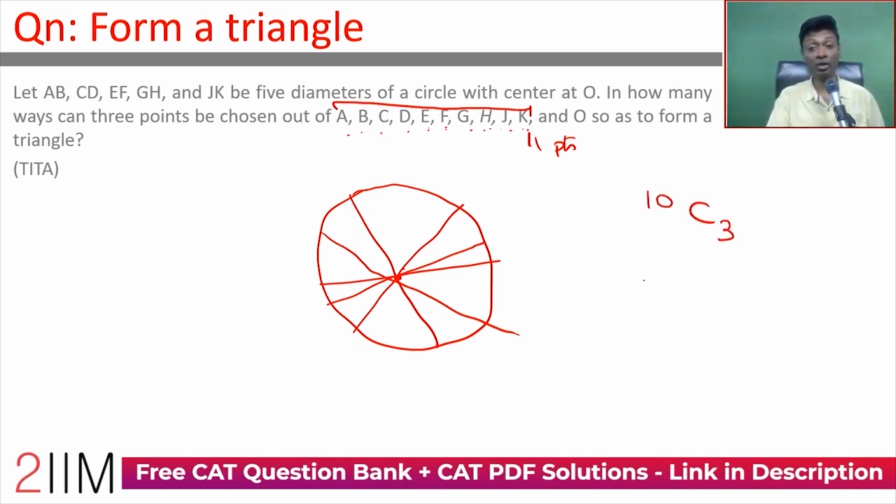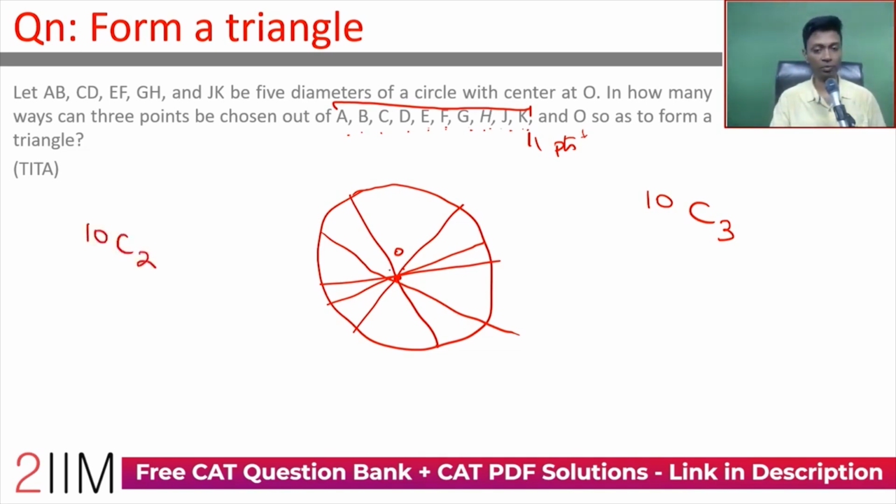Any 3 points on a circle are not collinear. Fine. Now let's think about O separately, at the center. Then out of the remaining 10, we can select some 2. Take O and then select 2 out of the remaining 10.